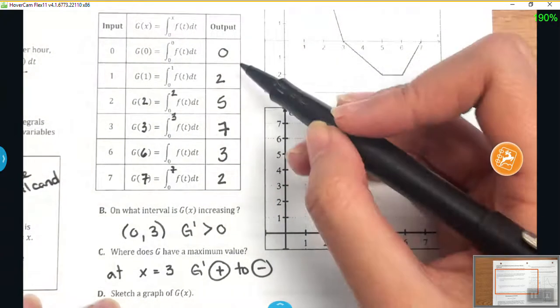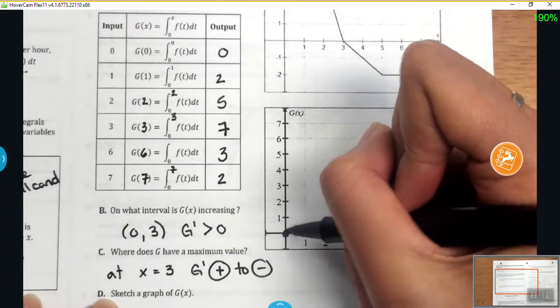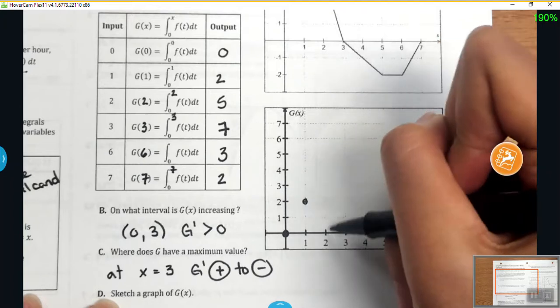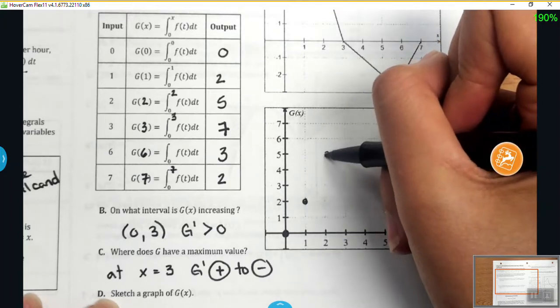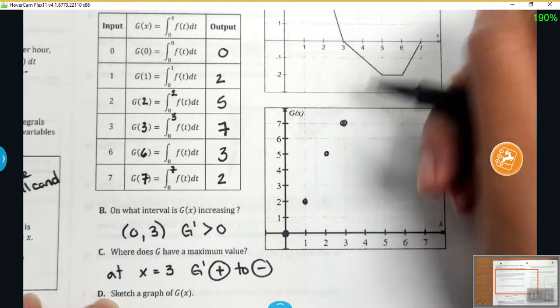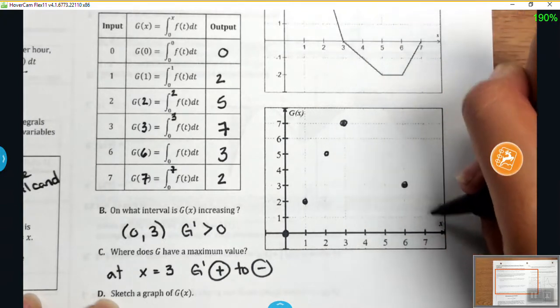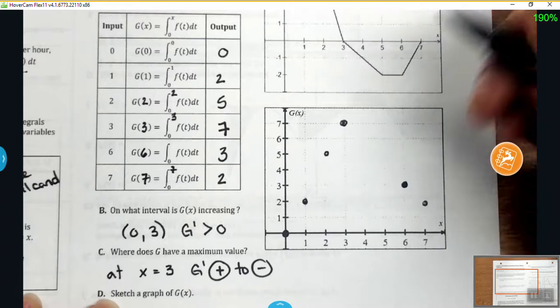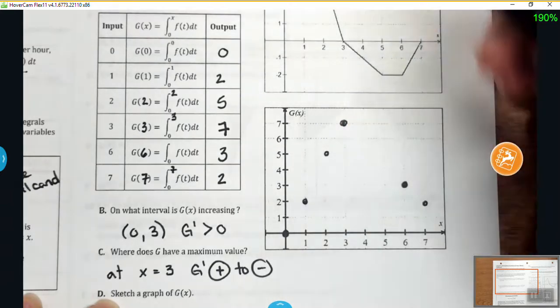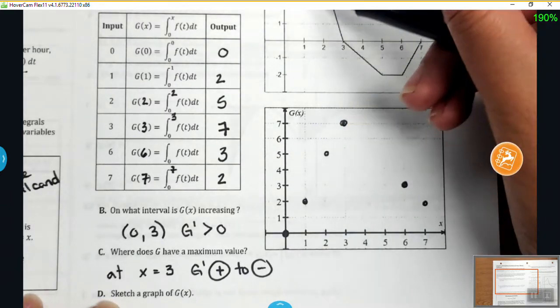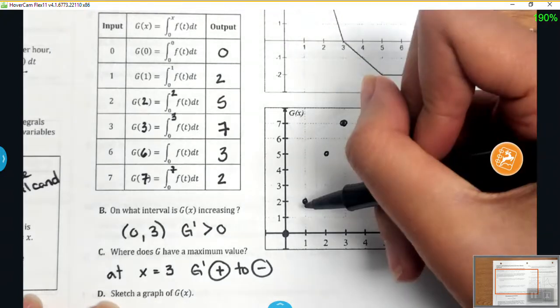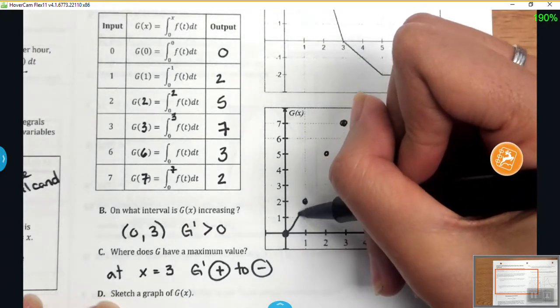Then let's plot these points: (0, 0), (1, 2), (2, 5), (3, 7), (6, 3), (7, 0). And since the derivative exists for all these values, you know you have a smooth and continuous curve.